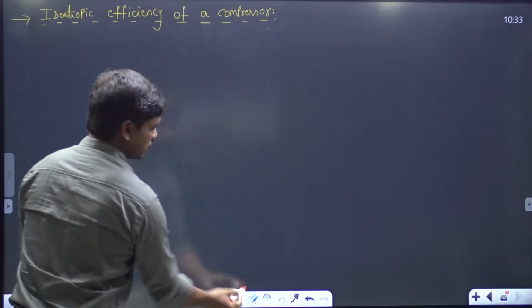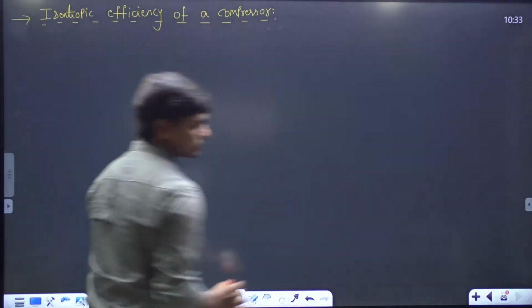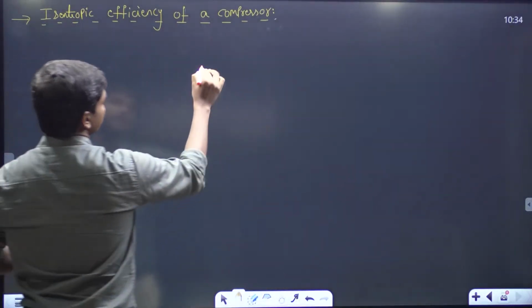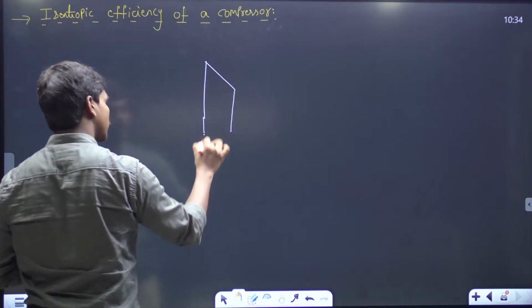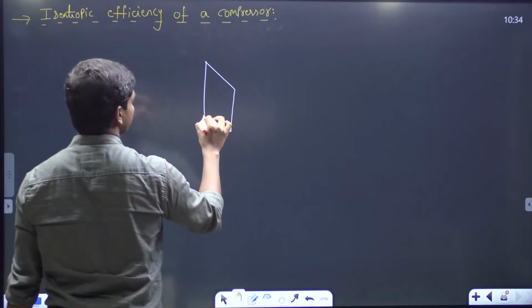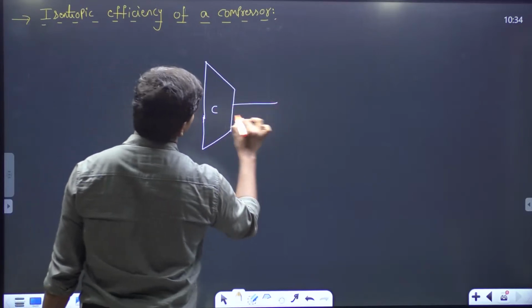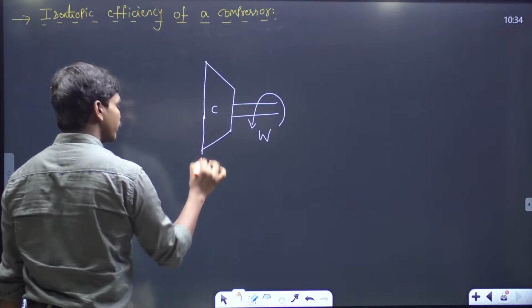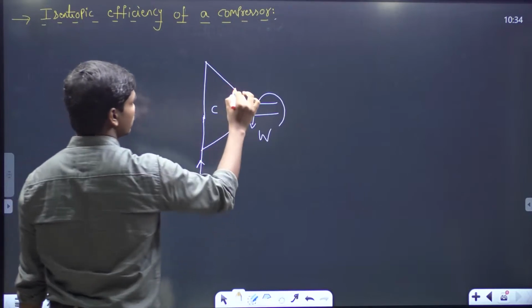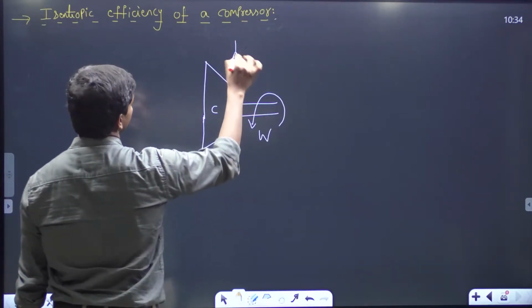So see here, what's the case when you have a compressor? Normally compressors would look something like this, geometrically. In compressors you will be inputting some work, because of which a fluid which is at some low energy will be transferred to a point which is at higher energy.